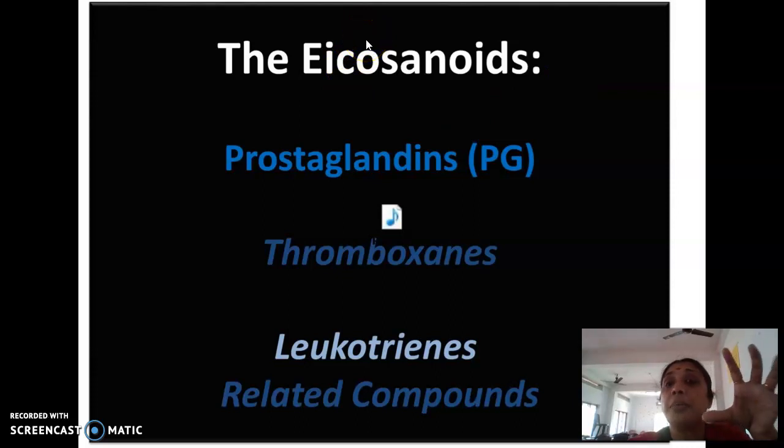The parent compound for eicosanoid formation is arachidonic acid, and arachidonic acid, to a small extent, can be synthesized by the body from linoleic acid. Linoleic acid is an omega-6 fatty acid, we know. So from linoleic acid, arachidonic acid can be synthesized. So it is an important fact that linoleic acid must be supplied through the diet.